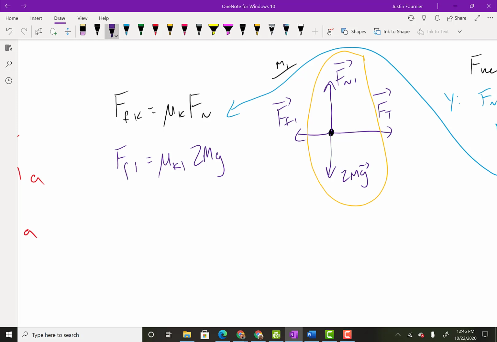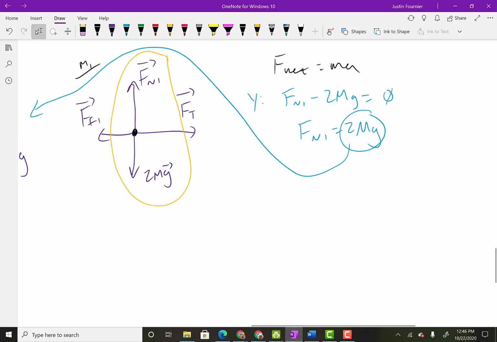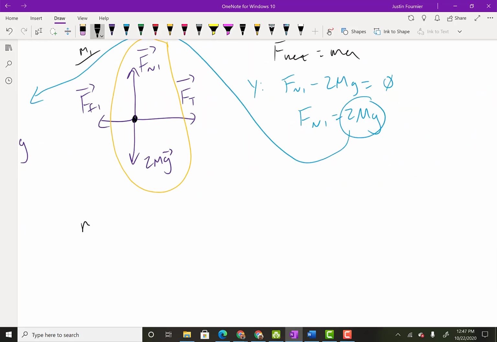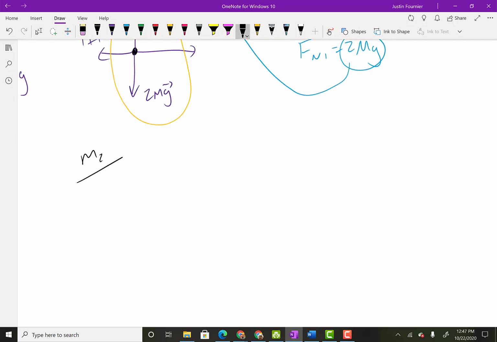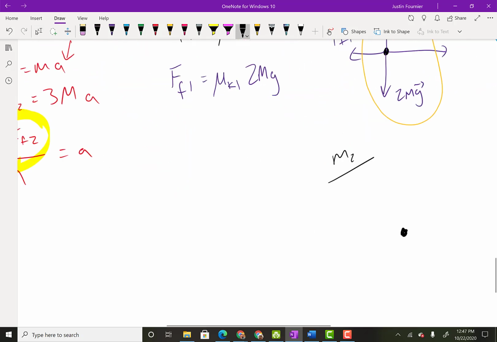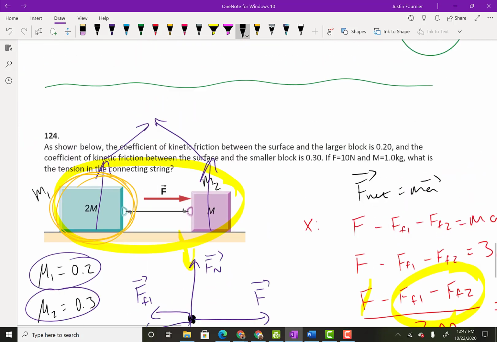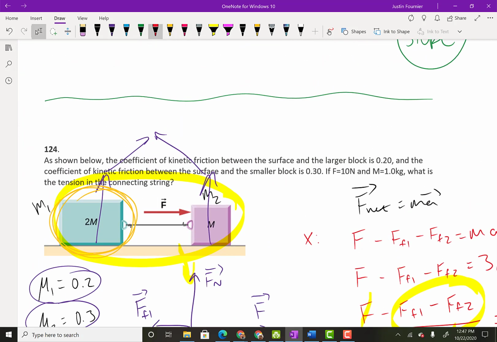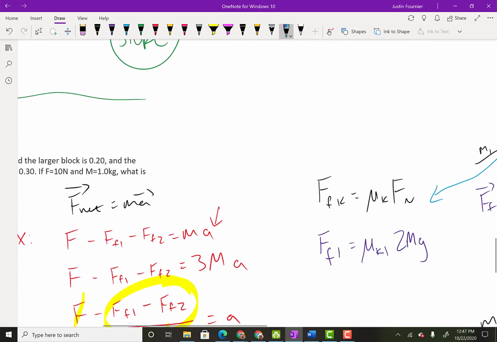All right. So next up, I'm going to do the same thing, but now for M2. So this one, I'm doing now. Let's do this. Now this is my object for M2.